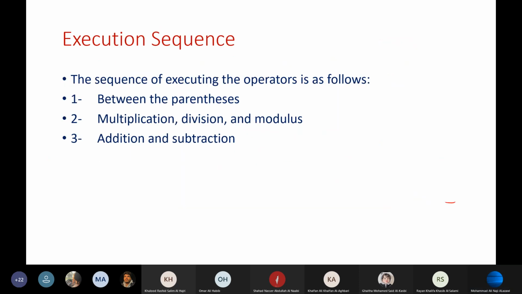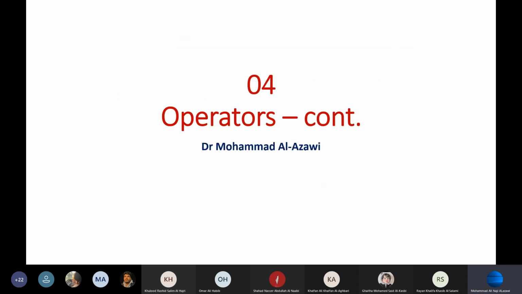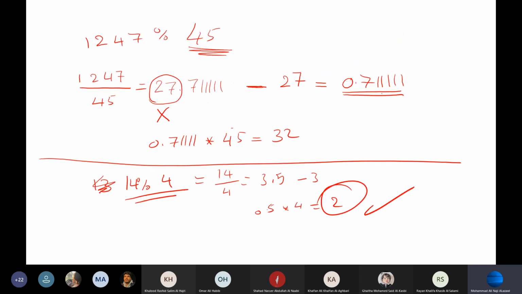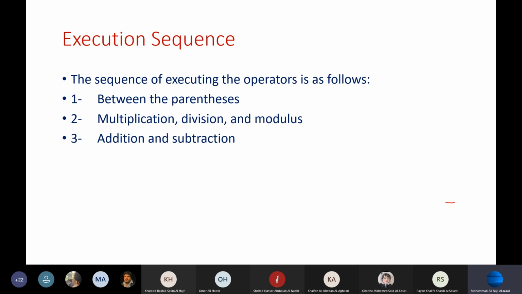Okay, very well. So we finished the important arithmetic operations. Still, we have more operations to study, but here we need to focus on something. If I ask you now, I'm sure everybody will answer the correct answer.